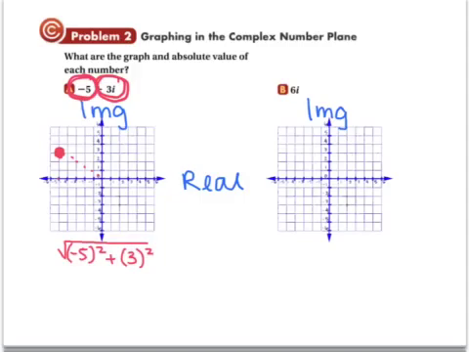So the distance this is from 0 would be the square root of 25 plus 9, which is the square root of 34. So that is how long your distance is from 0 to your point. So it's a little less than 6.